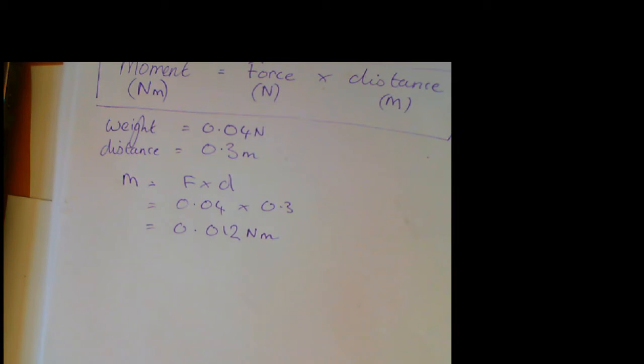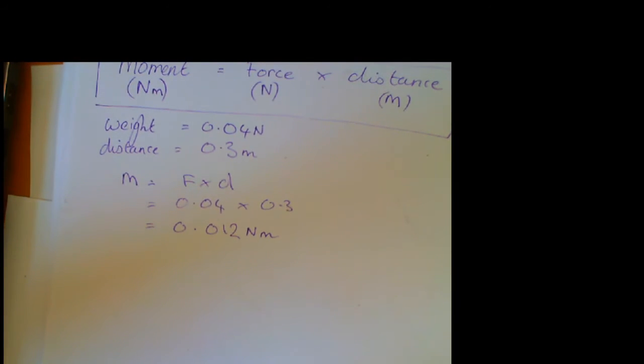Okay, so let's see if it gets a bit trickier. It then says the star and the crescent moon balance each other because their moments about P are equal and opposite. Calculate the weight of the crescent moon. And it says the moon is 0.2 meters away.